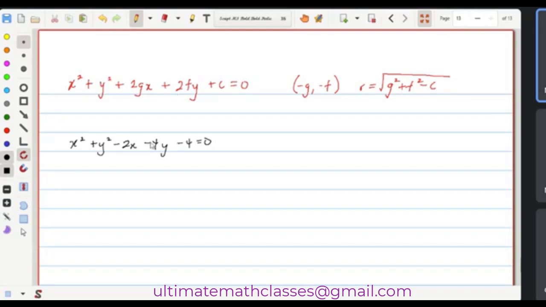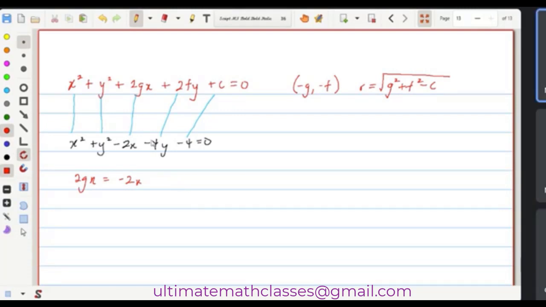Comparing this to the general equation, I can say that 2gx is equal to negative 2x, because x squared is compared to x squared, and so on. You can also say that negative 4 is equal to c.